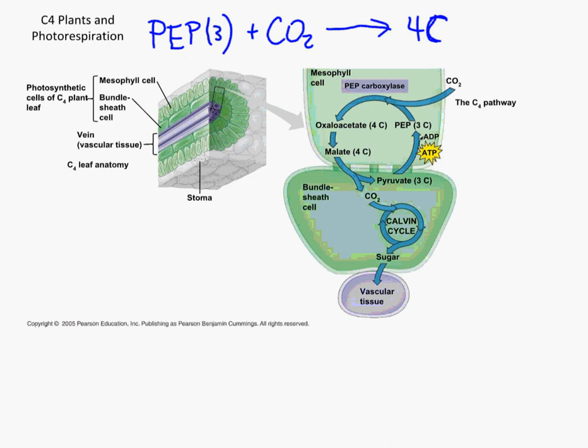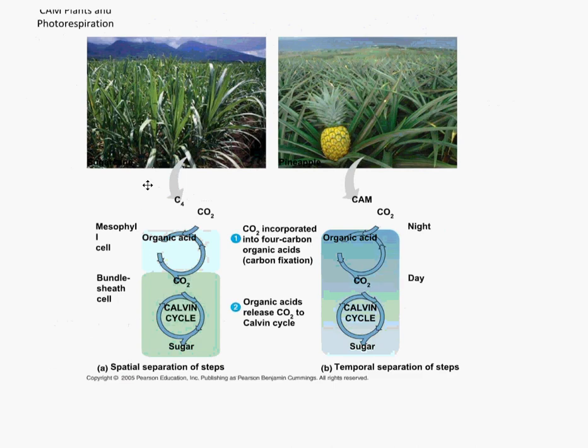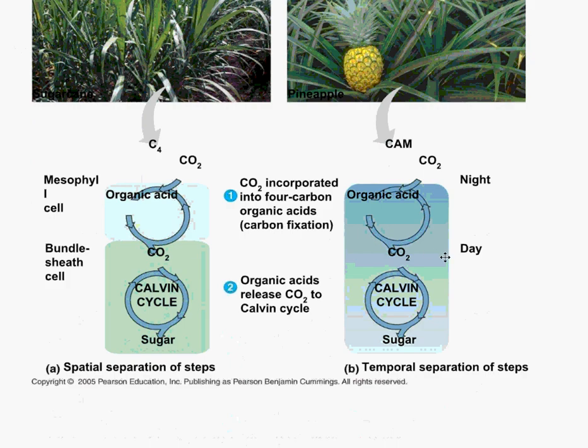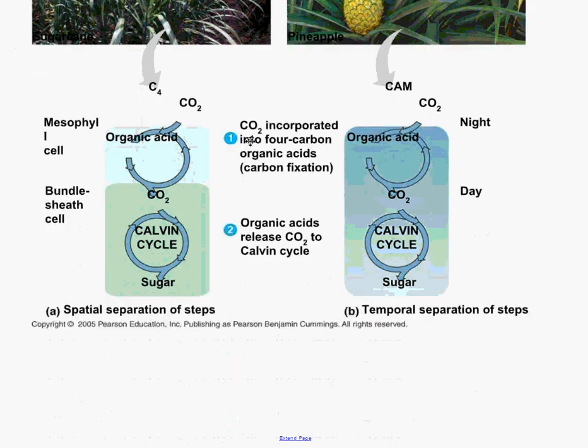Now there are other plants, desert plants, that even have a different adaptation. They're called CAM plants. CAM stands for crassulacean acid metabolism. Big words, lots of fun there. Here's what you need to know about that. Here's the C4 plant metabolism that we've already talked about: CO2, organic acid, Calvin cycle.